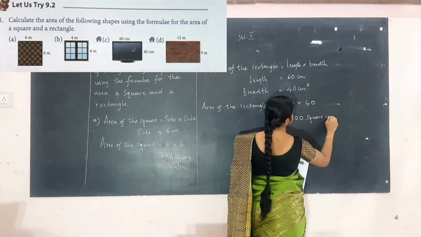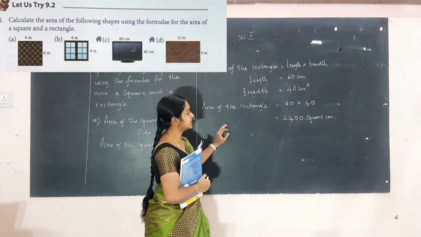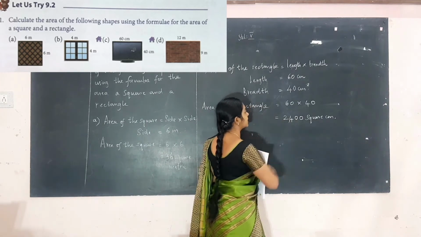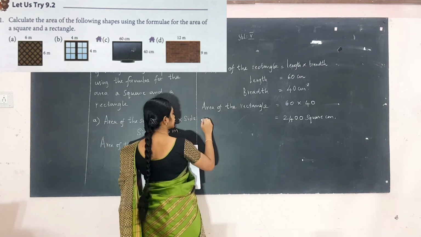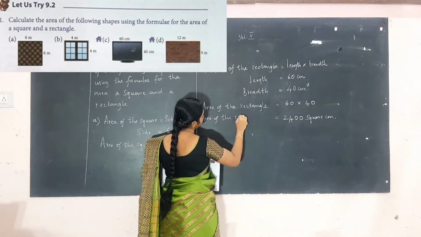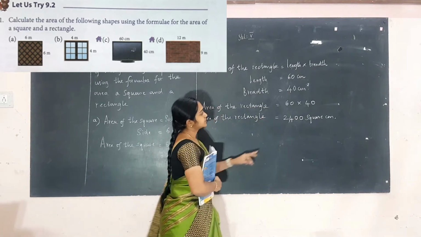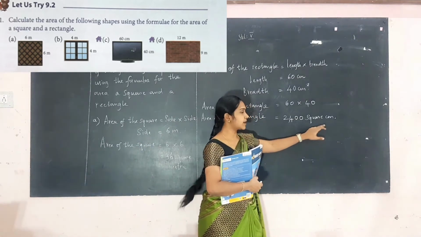Square centimeter. So area of the rectangle is 2400 square centimeter. For area we have to use square centimeter or square meter.